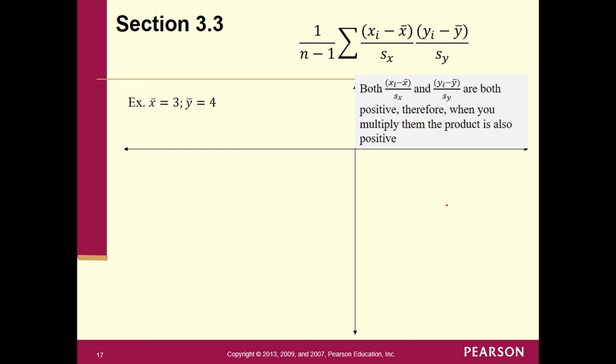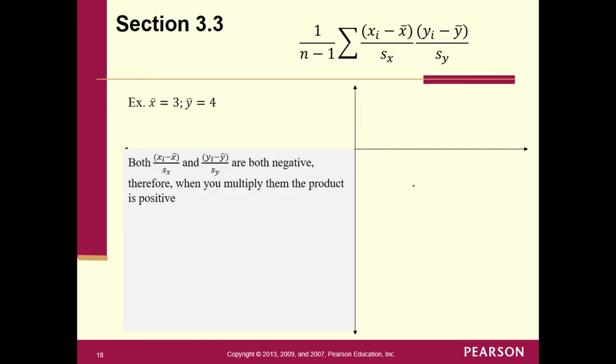So if x and y are both greater than x bar, y bar, when you do the multiplication between these two, the product of that is going to be positive.